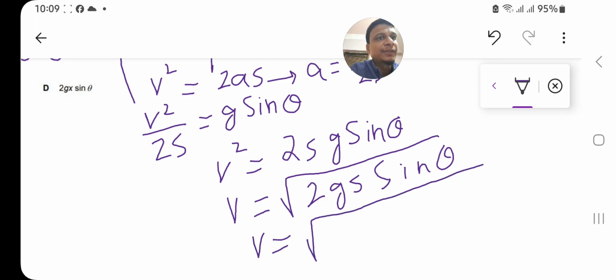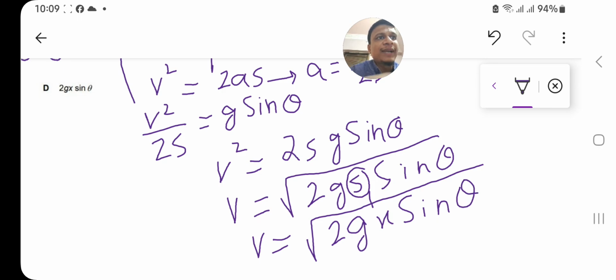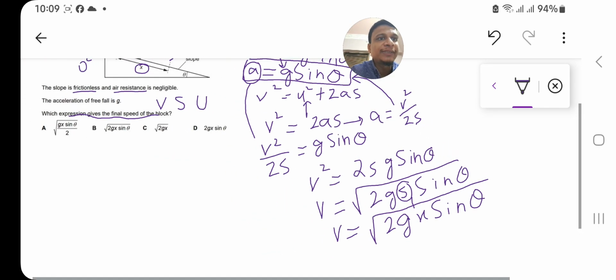So root of 2g x sin theta, and sin theta remains the same. Just match the option and you will find the correct answer. That is basically option B.